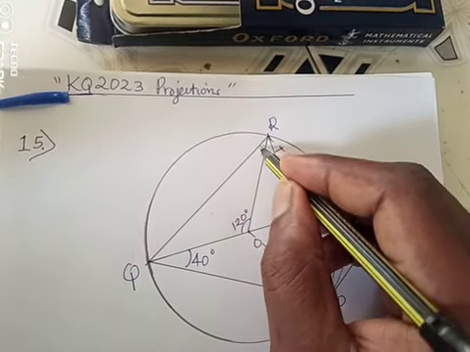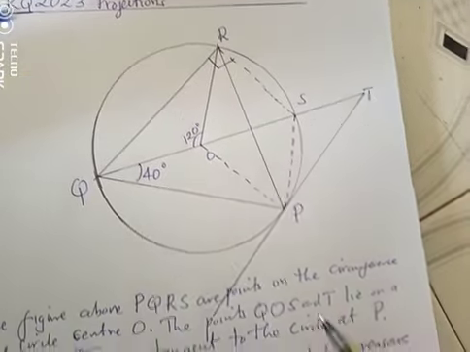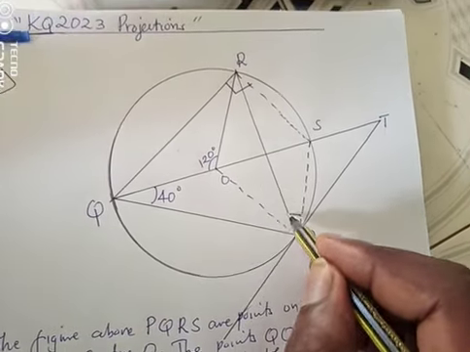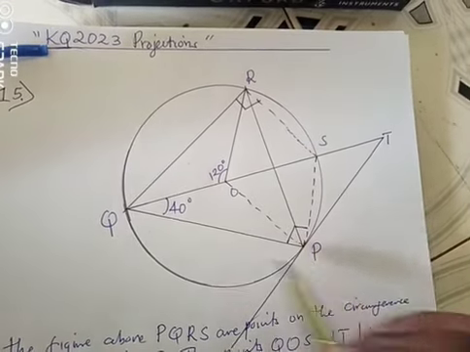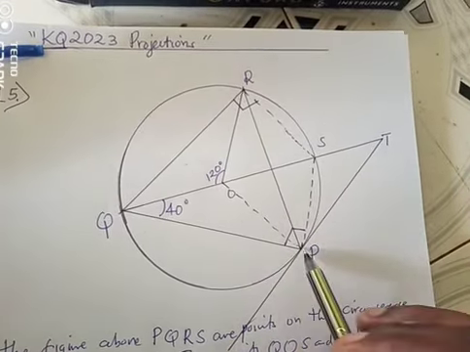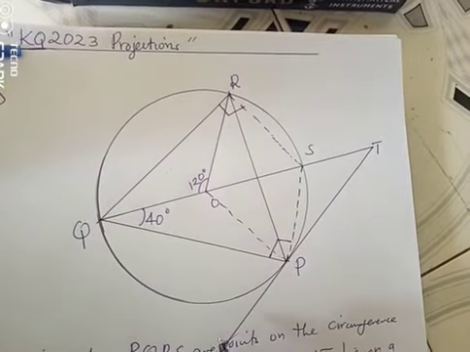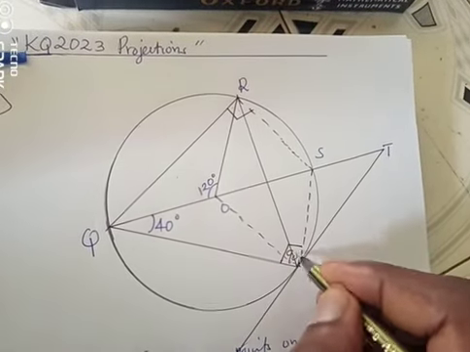So there will be a 90 degrees there, and also on the lower side there will be a 90 degrees at P. They are subtended by the diameter on the circumference.